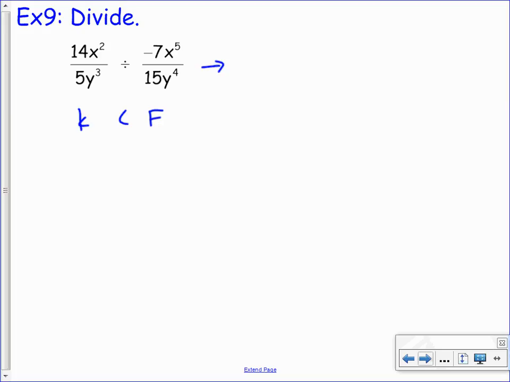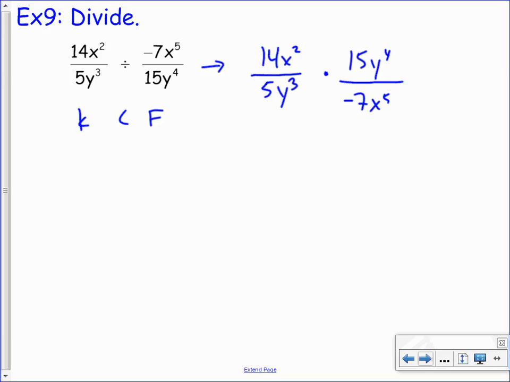So this becomes 14x squared over 5y cubed times 15y to the 4th over negative 7x to the 3rd. Okay, ready? Here we go.